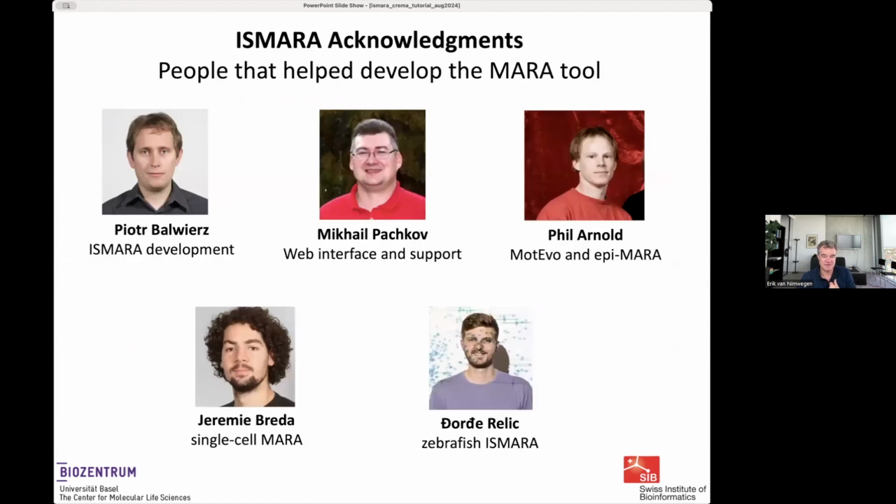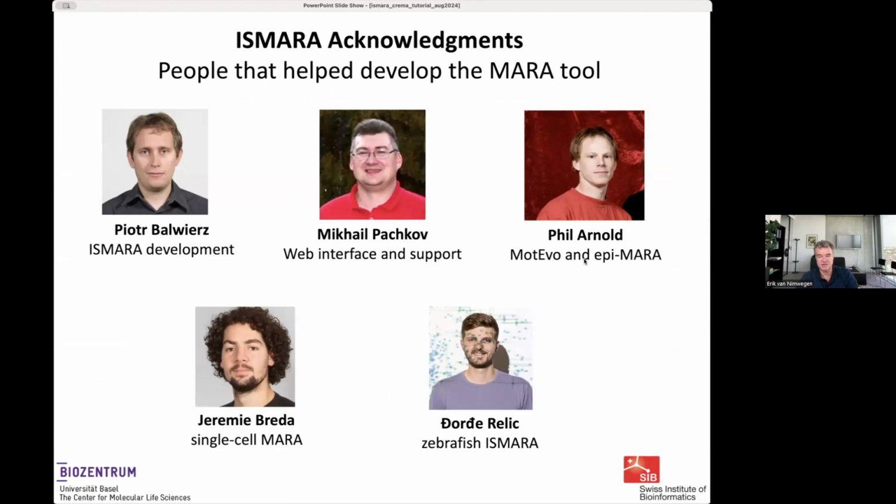So with that, I've come to the end of this part about ISMARA, and I just wanted to acknowledge some of the people that were involved in this. Piotr Balwitz was the main developer of ISMARA, together with the help of Mikhail, who is also now supporting it and responsible for the web interface.